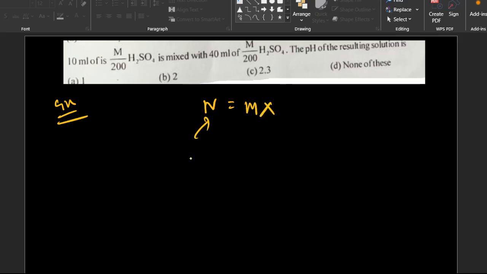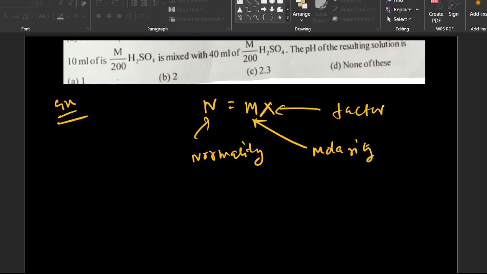So this is normality and this is molarity and this is the factor, that is, for an acid, the number of H plus, and for a base, the number of OH minus.